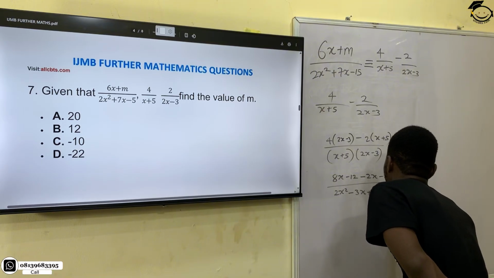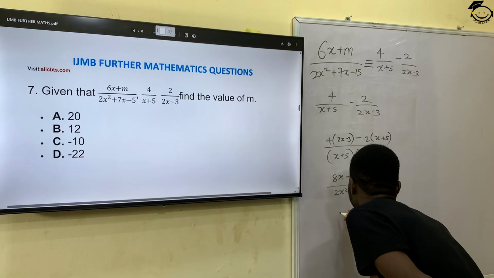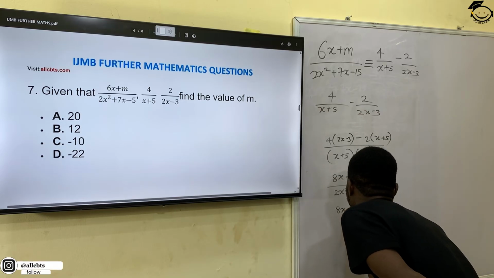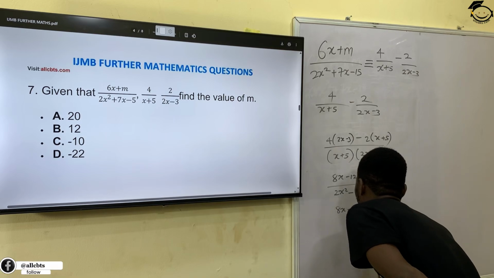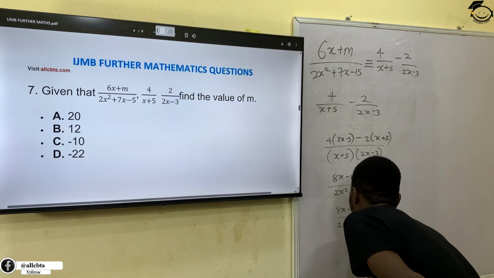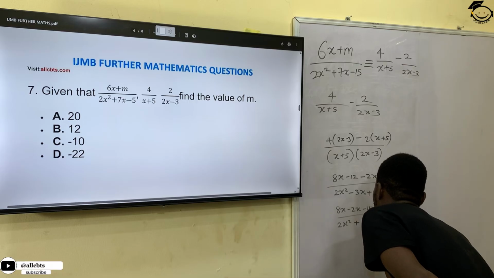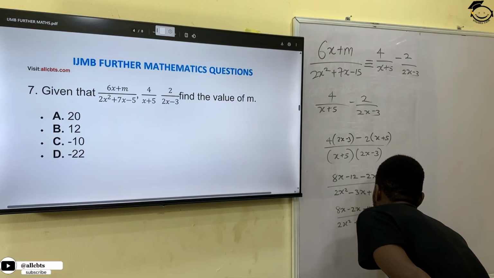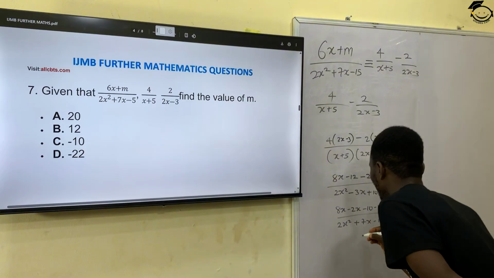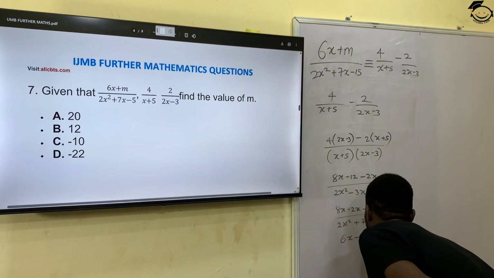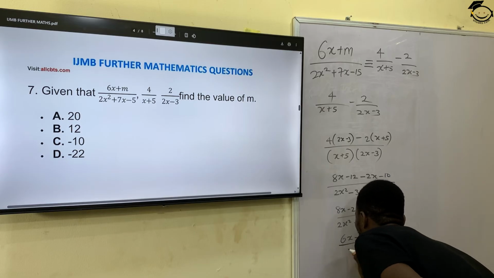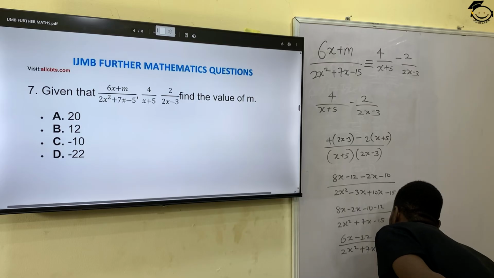minus 15. So this is the same thing as saying I have 8x minus 2x minus 10 minus 12 over 2x squared plus 7x minus 15. So if I simplify further, this will give me 6x minus 22 over 2x squared plus 7x minus 15.